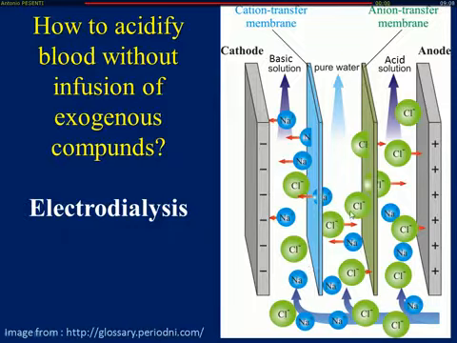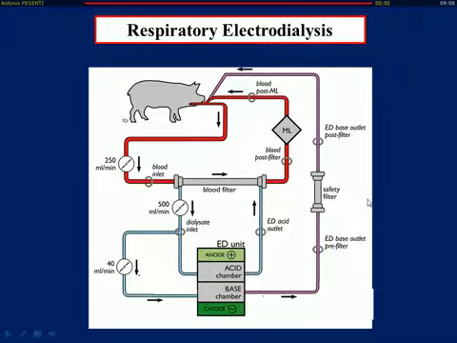Basically what happens is that in blood we have a lot of chloride as sodium chloride or potassium chloride. In an electrical field, the chloride ions go one way and the positive ions go the other way. So we can produce hydrochloric acid from the dialysate flow or from the ultrafiltrate flow.